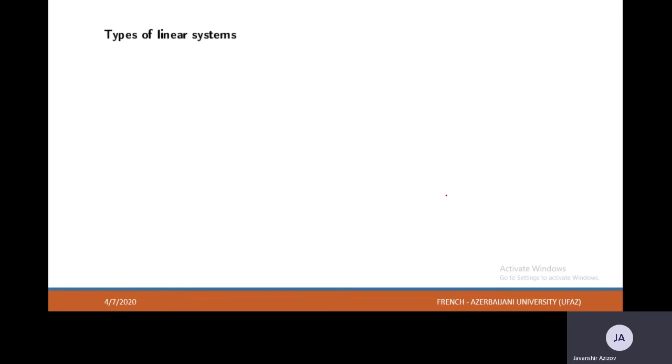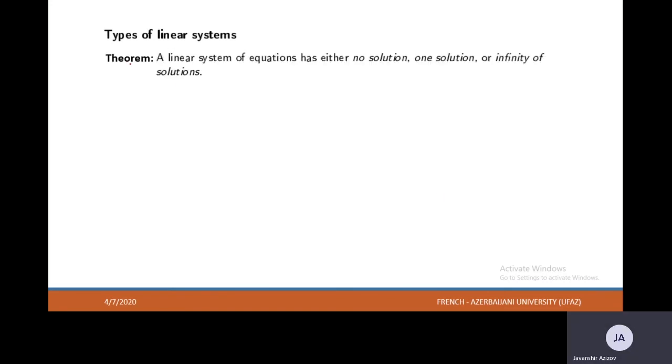Depending on solution sets, there are different types of linear systems. Let's look at this theorem. A linear system of equations has either no solution, one solution, or infinitely many solutions. According to the number of solutions, linear systems split into the following types.